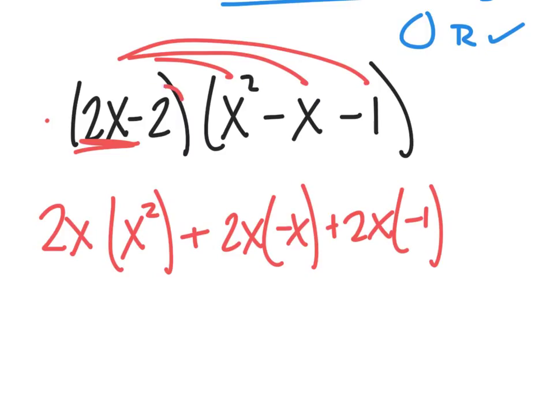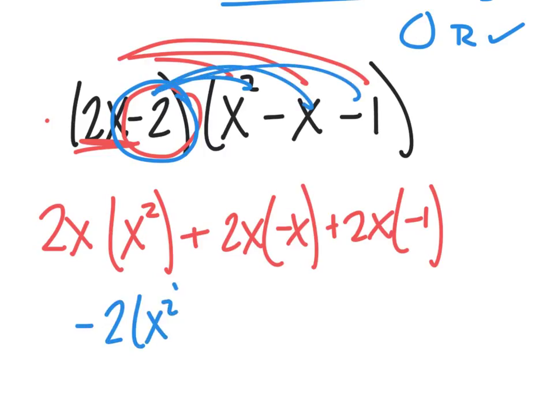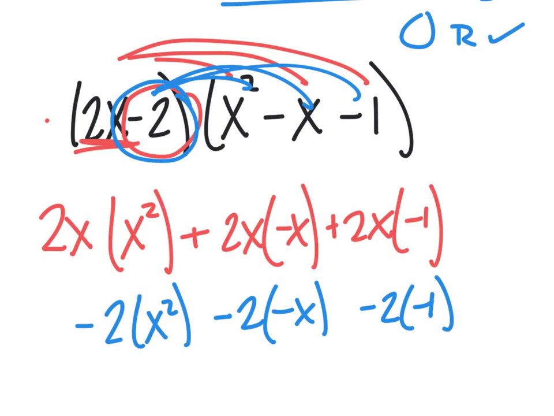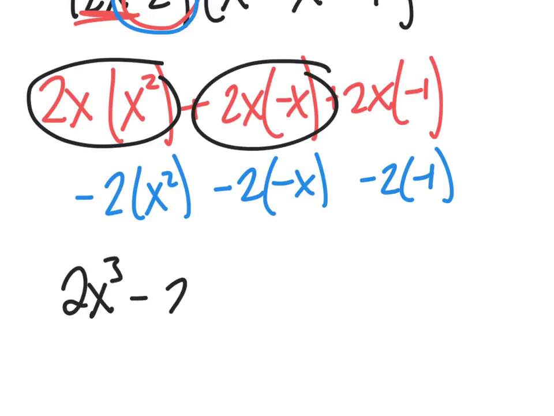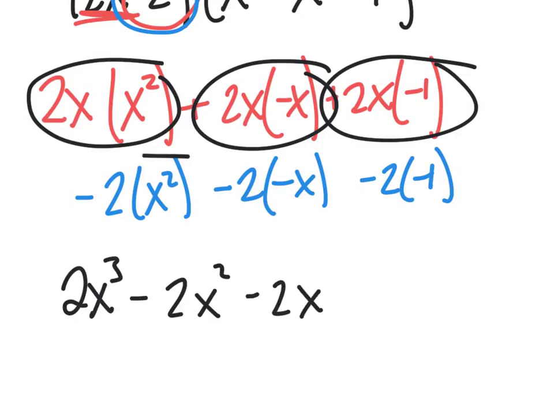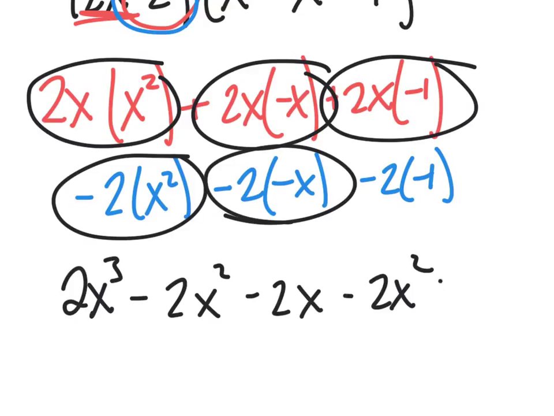And then I'm going to do the same with this negative 2. I should do it in blue. Negative 2 times each of those three terms. So negative 2 times x squared, negative 2 times negative x, and negative 2 times negative 1. And I'm just going to slow down and clean those up. So this gets me 2x cubed minus 2x squared minus 2x minus 2x squared plus 2x plus 2.